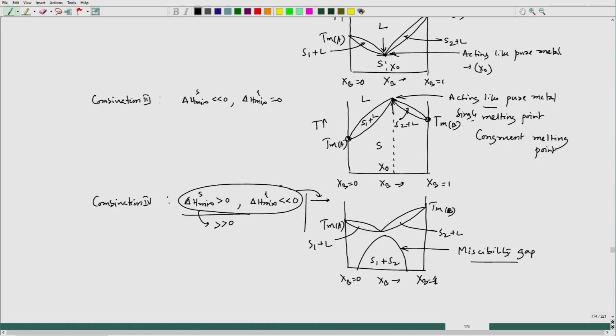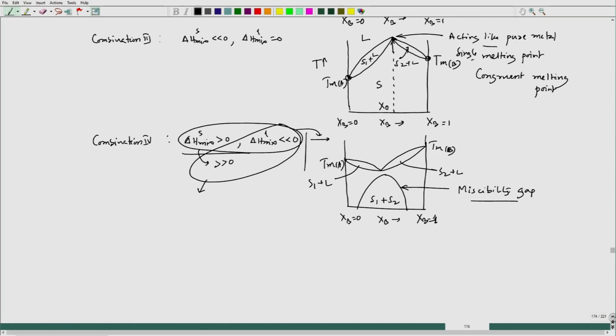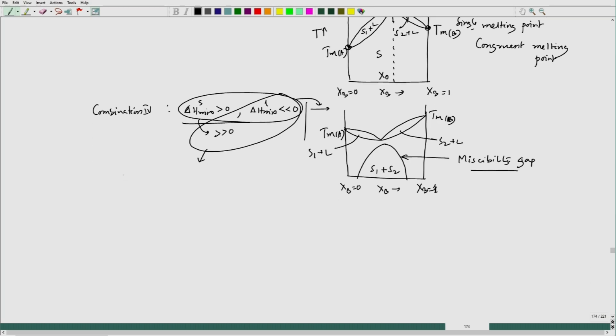Now, if I talk about this combination, then it yields a particular phase diagram, which is a typical eutectic phase diagram. So, x B is varying this way, x B equal to 1, x B equal to 0.